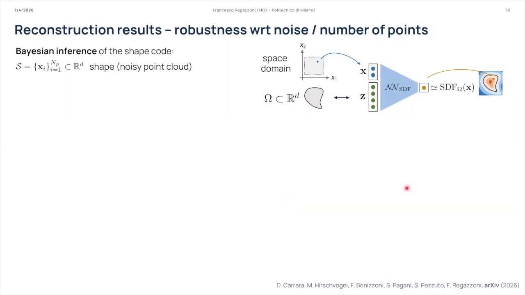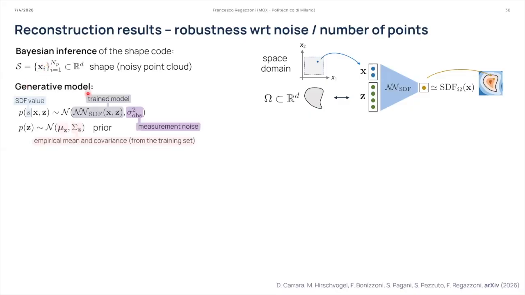What happens instead when we have noise? When we have noise, we can still have a robust inference of the shape code by framing everything into a Bayesian setting. Suppose that we are given a point cloud, so a collection of points that should belong to the surface plus some measurement error.